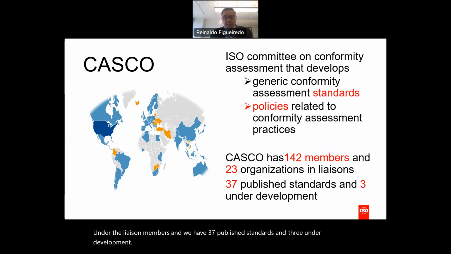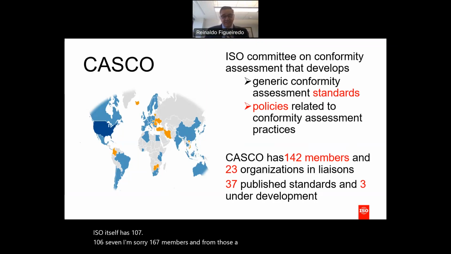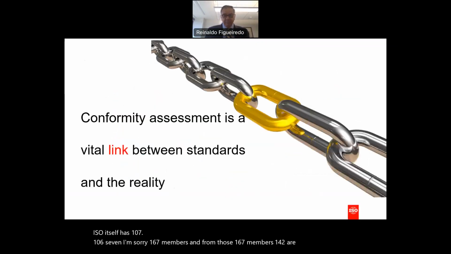ISO itself has 167 members, and from those 167 members, 142 are CASCO members.